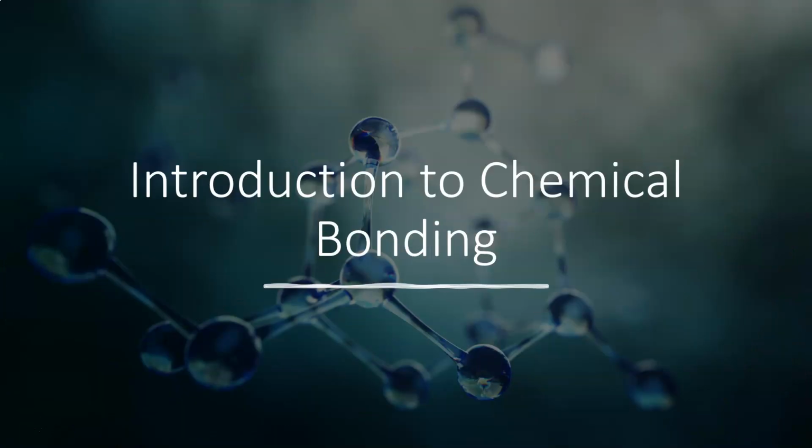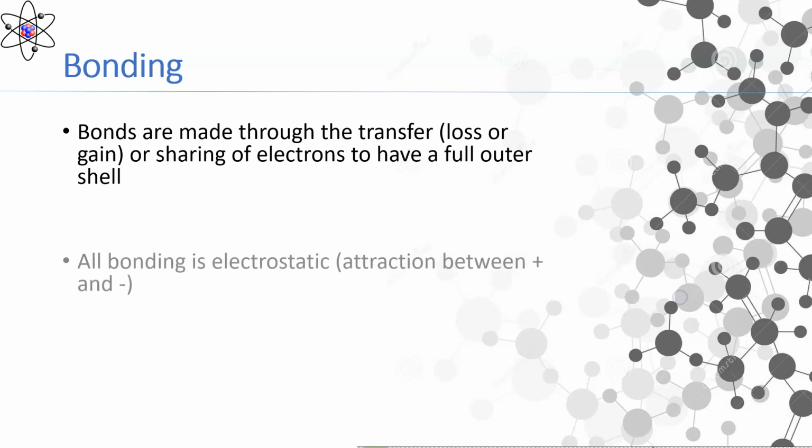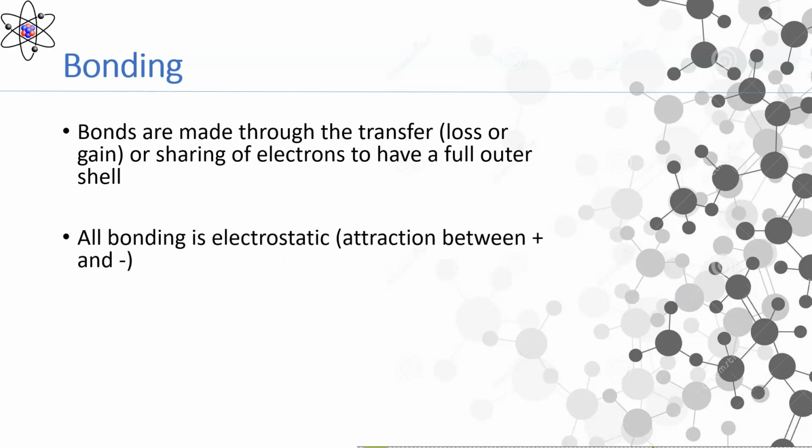A very, very quick, I promise you, 2-second introduction to bonding, because that's what we move on to next. Bonds are made from the transfer, the loss or gain, or even the sharing of those electrons in that outer shell. So this is how bonding links to what we've just done. All bonding is electrostatic.